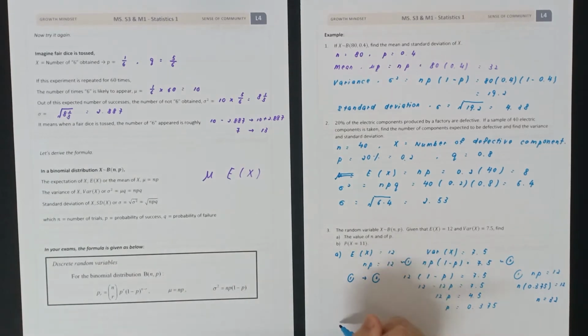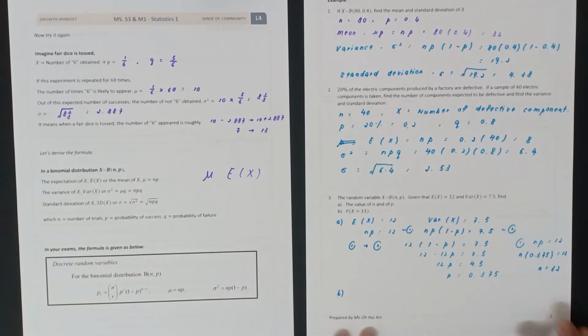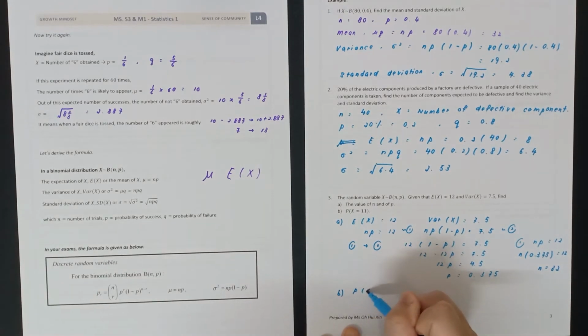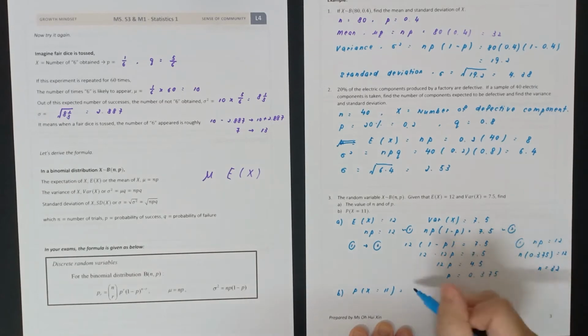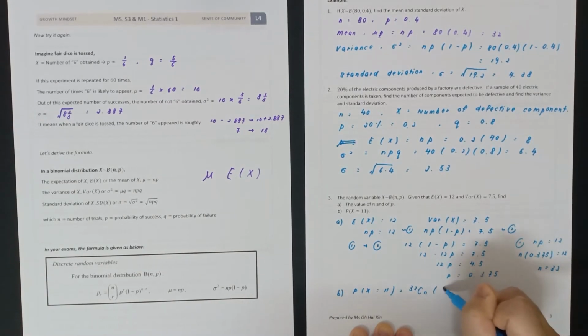Okay, now go to B. We want to find the probability, which is what we learned in the previous lesson. The probability for x equals 11: P(x = 11) equals, the total number of trials here is 32, so 32C11, then what is your p? 0.375.